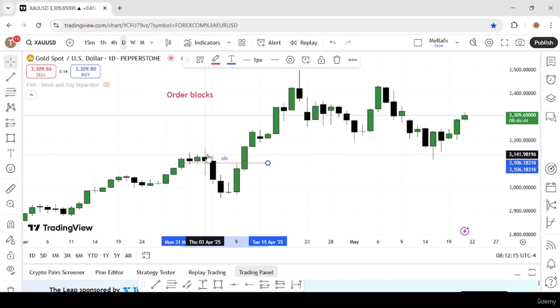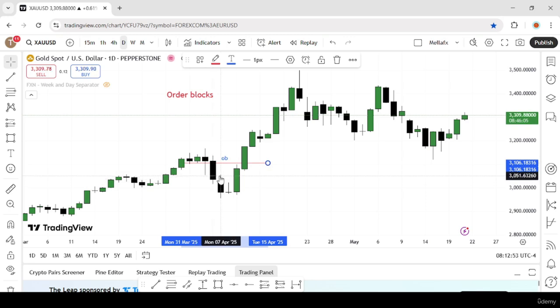Once we confirm this change in state of delivery, we got an immediate retest here at the second candle. The market consolidated into this up close candle, confirming a very key and specific change in state of delivery to bearish. So this candle confirms a retest in this order block, confirming that the market is moving lower for more sell side liquidity.